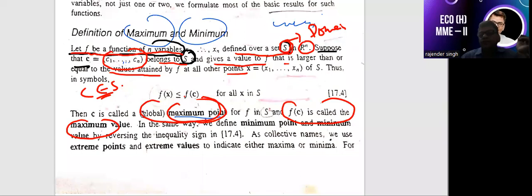Now there is a result. And what is that? Suppose that f is a function of n variables defined over set S in Rn, and that f of x is less than or equal to f of c for all x in S. So c maximizes f over S, then minus of f of x is greater than or equal to minus f of c for all x in S. What does that mean? See here.